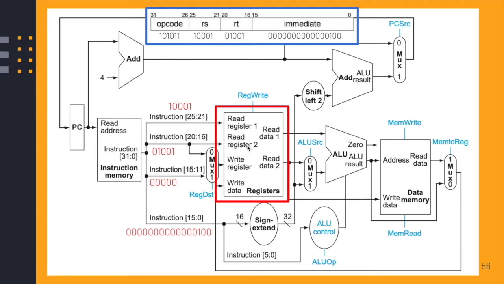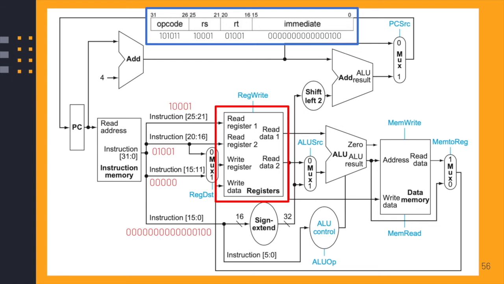In cases of load word and add immediate, I did not care about the value of register RT because it was acting as a target register. I will save data to it. But in store word, it does not act as a target register. Actually, it contains the data I want to store to the data memory. So the value of RT is important to me.